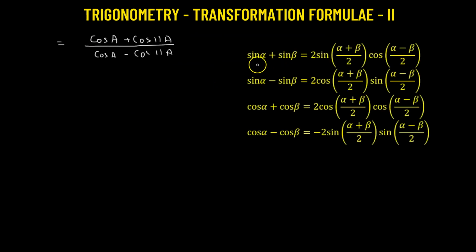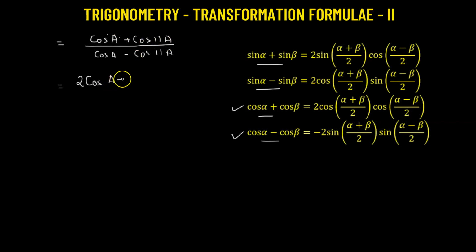So as you can see here, we have the sum and difference of two sine functions and the sum and difference of two cosine functions. So they are transforming into the corresponding products. For this particular problem, we'll only need the sum of two cosines and the difference of two cosine functions. So we have 2 times cosine of angle, we'll treat alpha to be a and beta to be 11a.